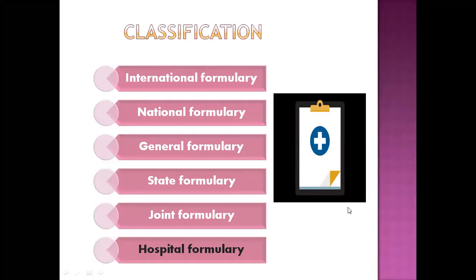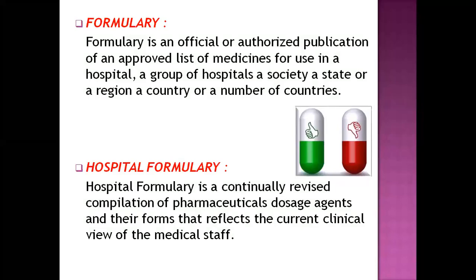Here you have to study the hospital formulary. General definition of formulary: it's an official or authorized publication of an approved list of medicines for use in a hospital. That is called a formulary.